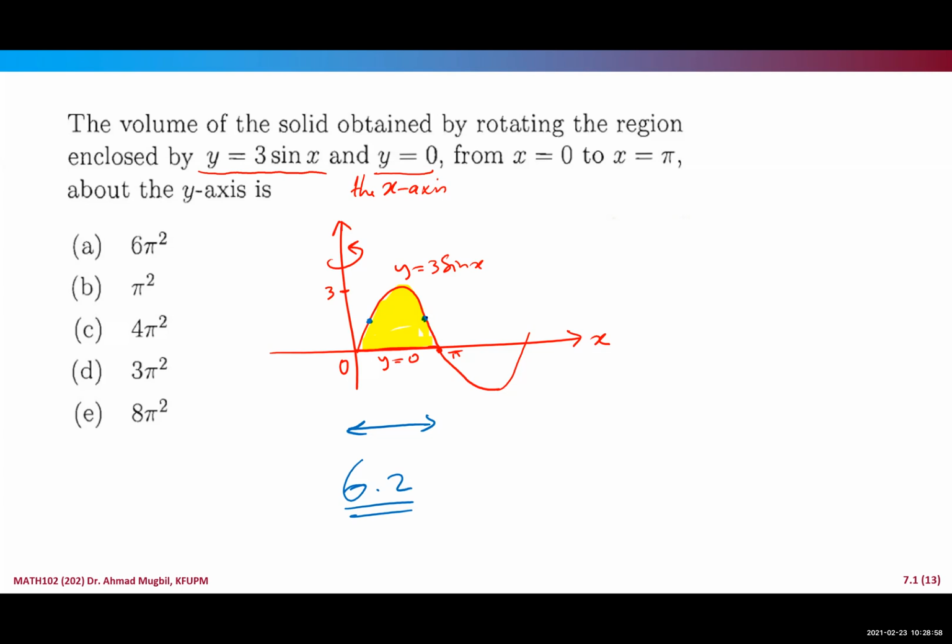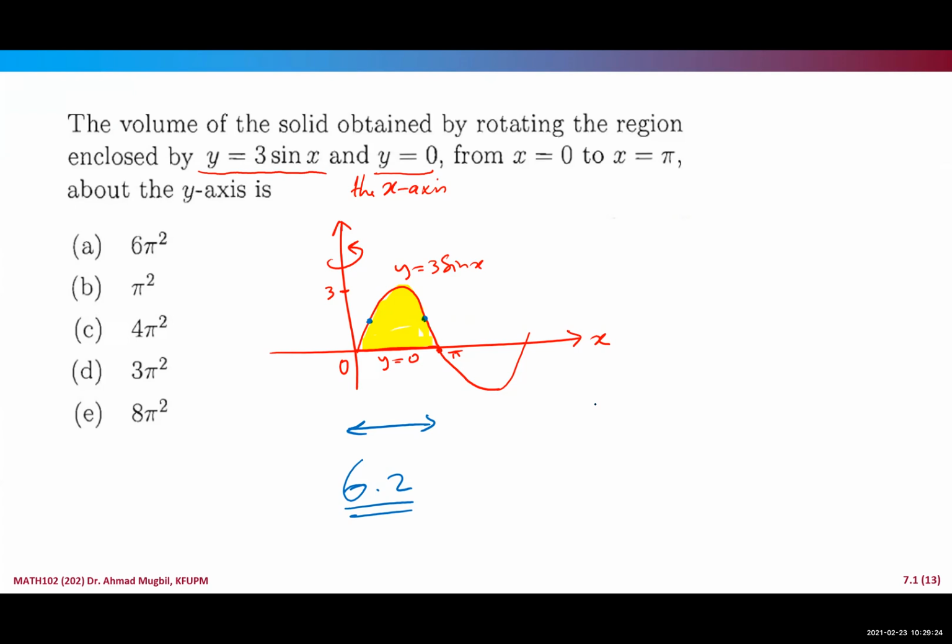You don't know the inner radius and the outer radius in this case, because you would ask yourself, what is x here? What is x there? You cannot find what they are. So you cannot do it here. It is not easy at all, because you need to find sine inverse in the first quadrant and in the fourth quadrant. It will not be practical at all to use cross sections.